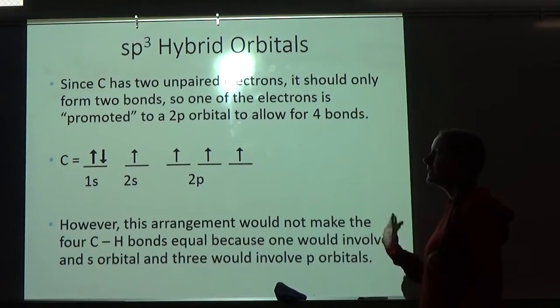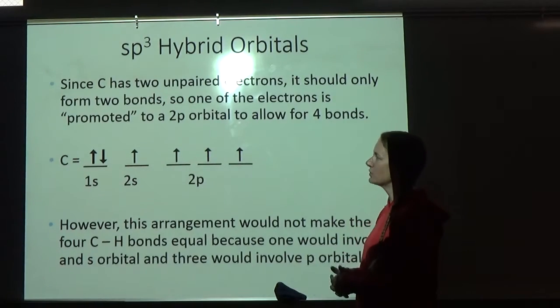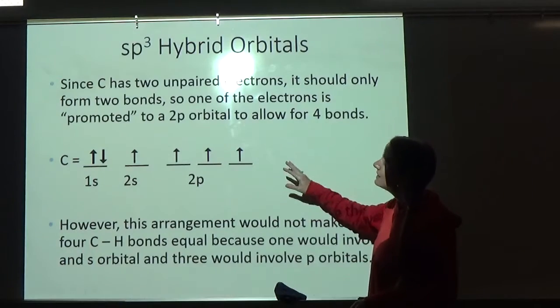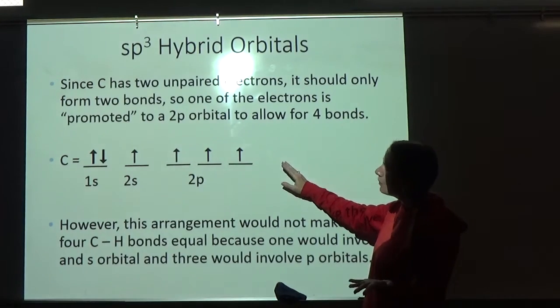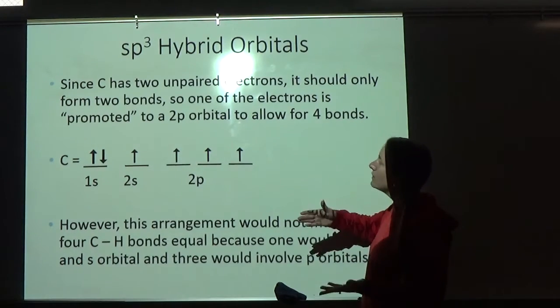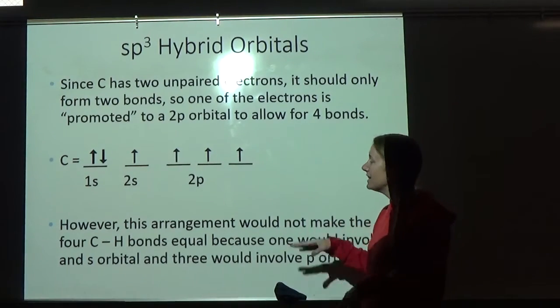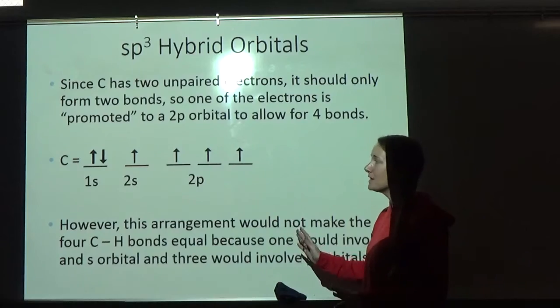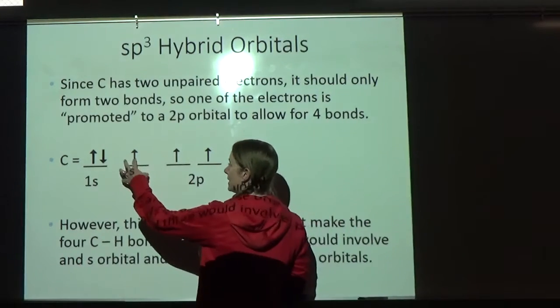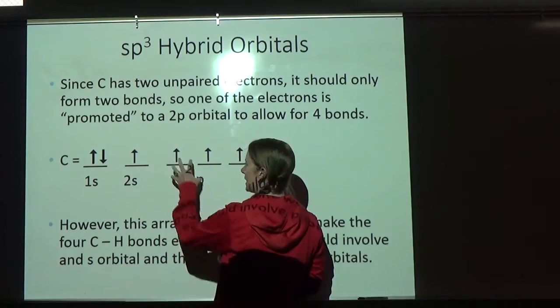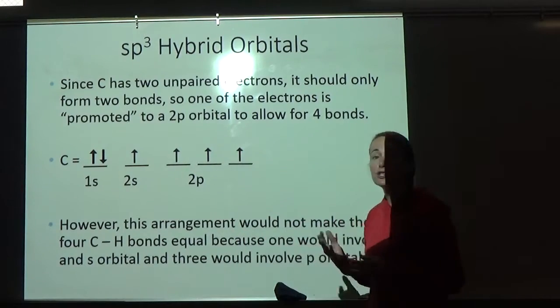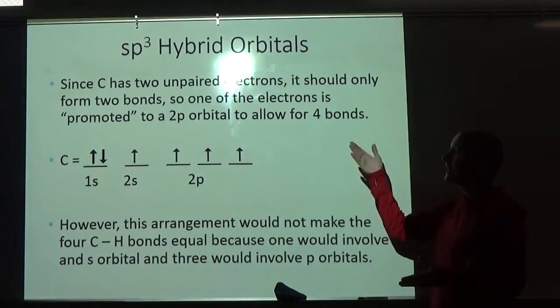Remember, we know electrons can move to different energy levels. So since C has 2 unpaired electrons, it should only form 2 bonds. So one of the electrons is promoted to 2p. But again, this arrangement would not make them equal, because one bond would be a 2s orbital overlapping and the other 3 would be with a 2p. So that's why we hybridize.